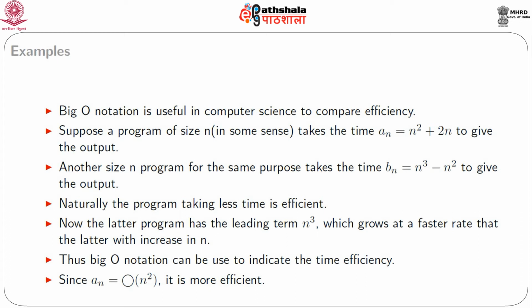Another size n program for the same purpose takes the time b_n equal to n cube minus n square to give the output. Naturally, the program taking less time is efficient. Now, the latter program has a leading term n cube, which grows at a faster rate than n square. Thus, big O notation can be used to indicate the time efficiency. Since a_n equal to big O of n square, it is more efficient.